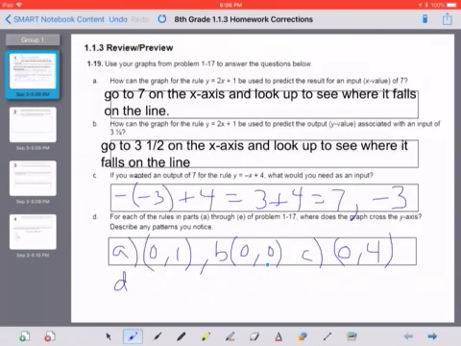For D, it crossed at (0, 4) again. And for E, it crossed at (0, 0) as well, just like B. So you could have noticed several different things as your pattern. One of the things I noticed is that it crosses at whatever number is being added to the equation.